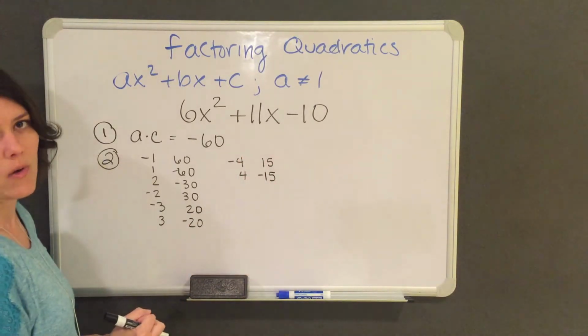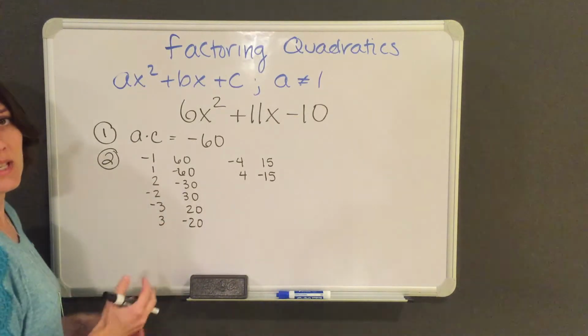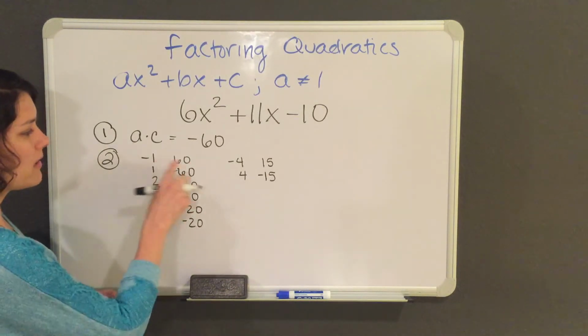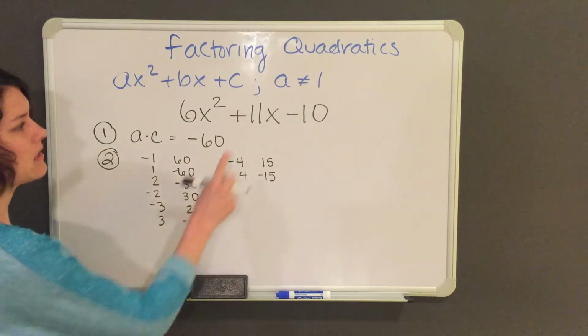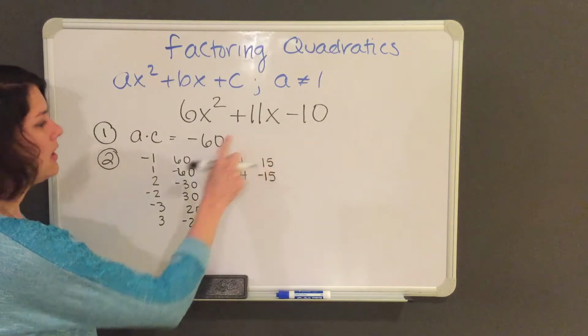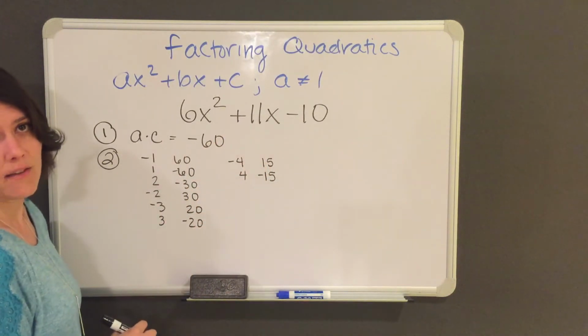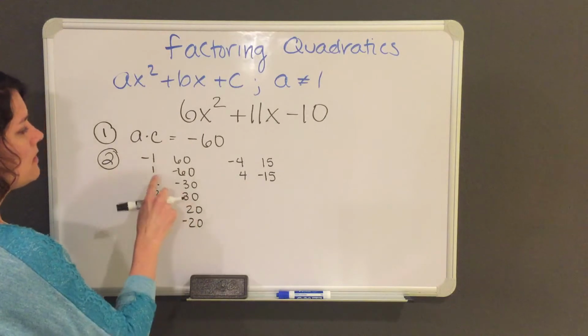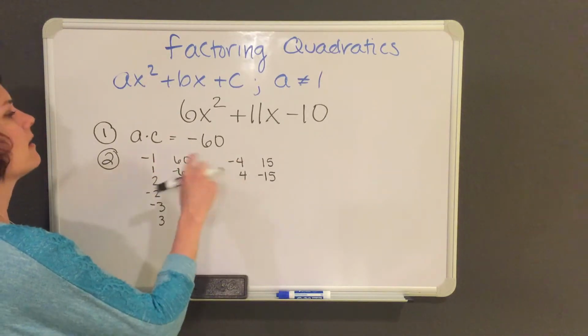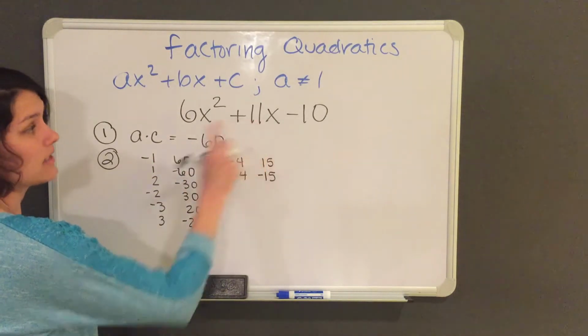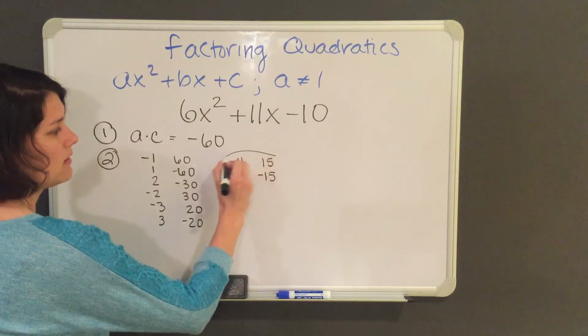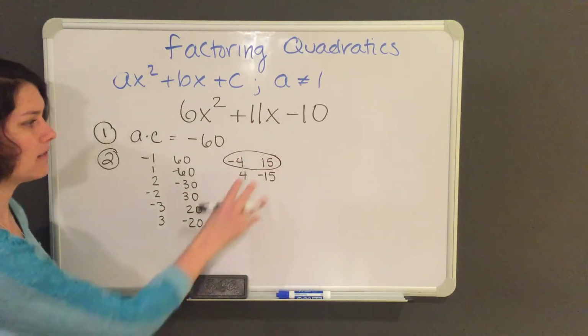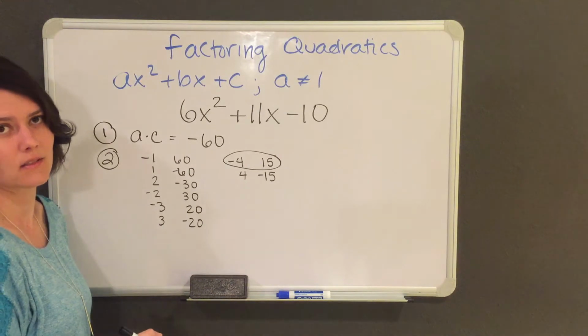And this list can keep going. But what you want to keep conscious of is you want the pair of factors that add to be your middle term. So you don't want to keep going if you have those two pairs. So if you look at all these so far, the two numbers that add to be positive 11 is right here. So I don't have to keep my list going of the factors.